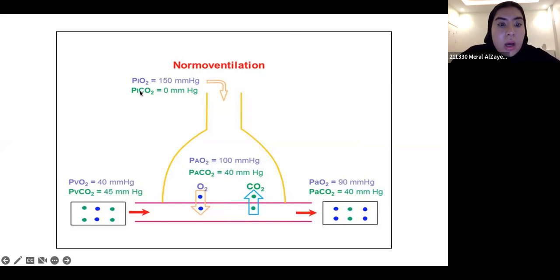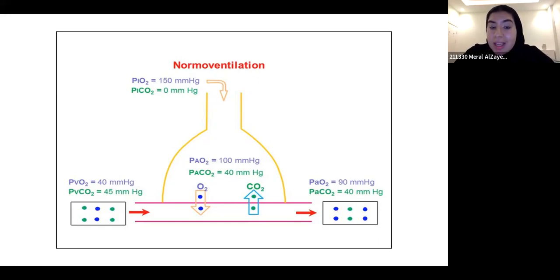You need to know the normal values for hypoventilation, because you have to know the normal to understand the abnormal. So the normal partial pressure of inspired oxygen is 150, and the normal partial pressure of inspired carbon dioxide is 0, because we don't breathe in any carbon dioxide.